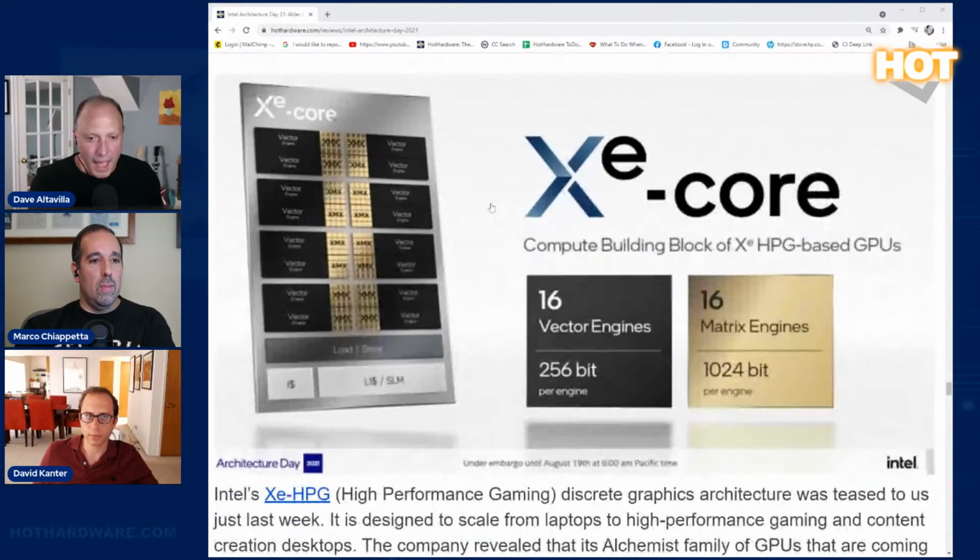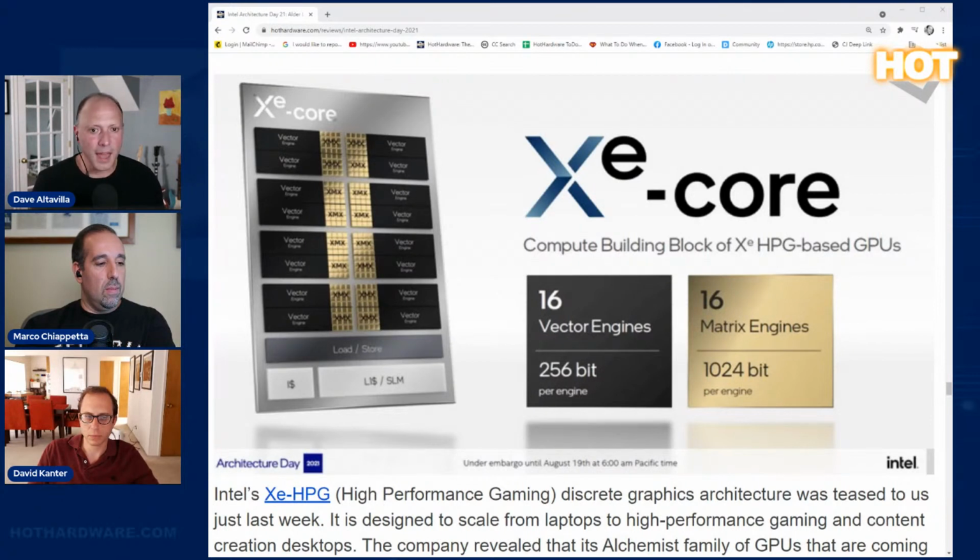And if you do the math, full fat, what we did discover, which was being rumored for a long time, was that the biggest Alchemist is going to be a 512 vector engine or core, for lack of better words, GPU.